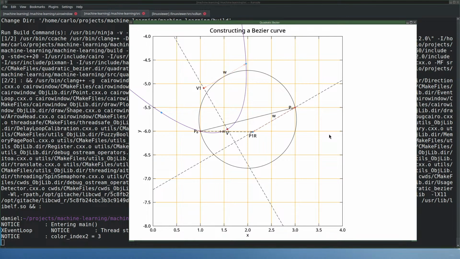Something went wrong. My curve is not going through P1. Yeah. Why not?